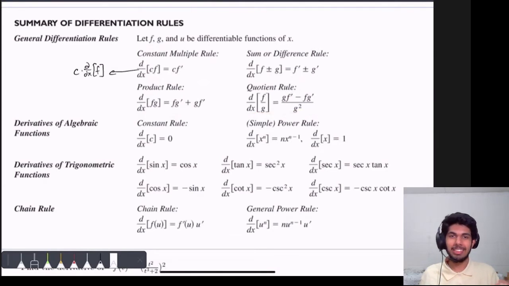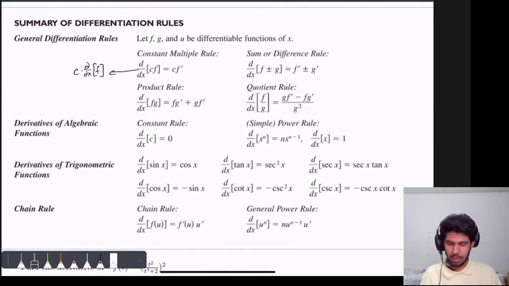And the trick for that is low d high minus high d low, all over low low. So in this case, low is g, high is f. So low d high is g times the derivative of f, minus high d low is f times the derivative of g, all over low low, which is g squared.